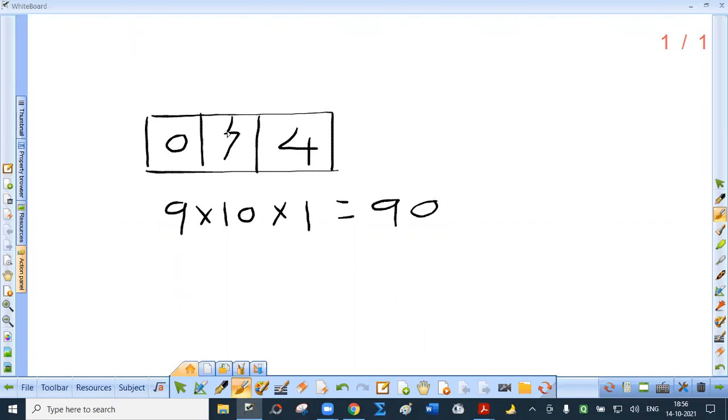Therefore, by the fundamental principle, 9 into 10 into 9 equals 90 numbers can be formed.